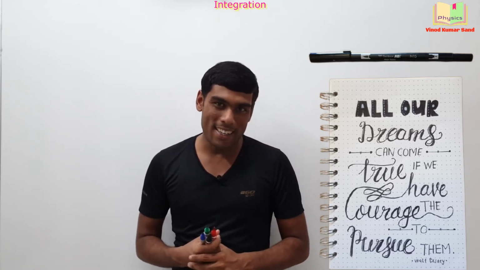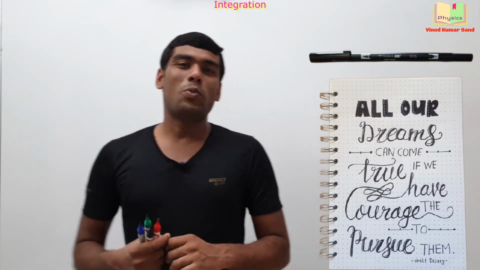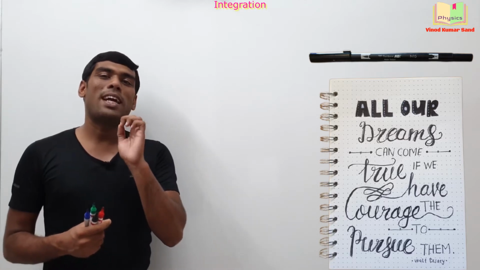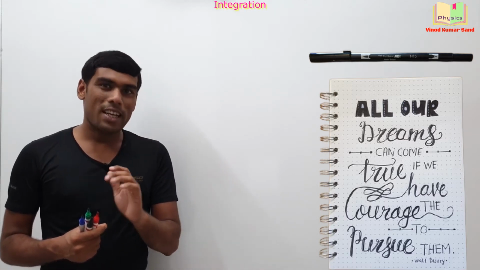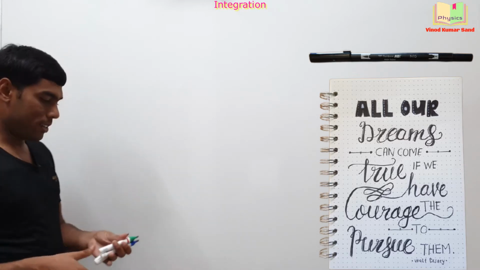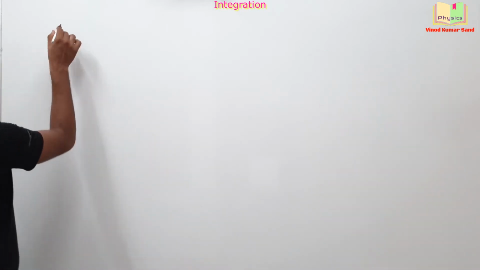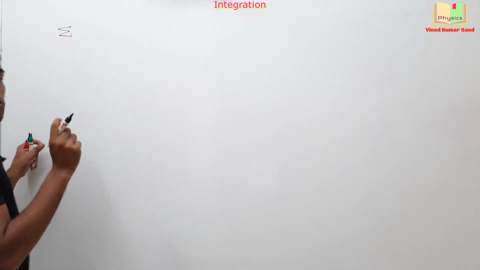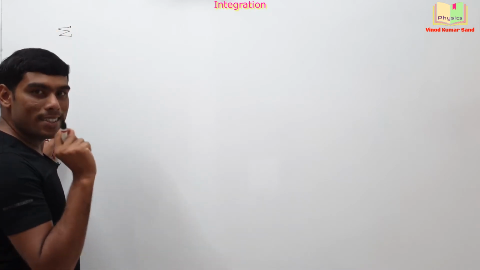So let's start. If someone asks you what is the meaning of the term integration, your simple answer should be addition or summation. The addition can be done using various mathematical operators. One of them is this Greek letter sigma. The sigma is used for the addition of the discrete values.